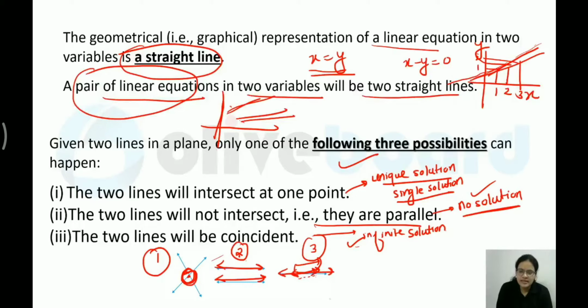Okay, so for these three conditions, you have to remember certain conditions based on which you can decide whether it is having a unique solution, or infinite, or no solution at all.